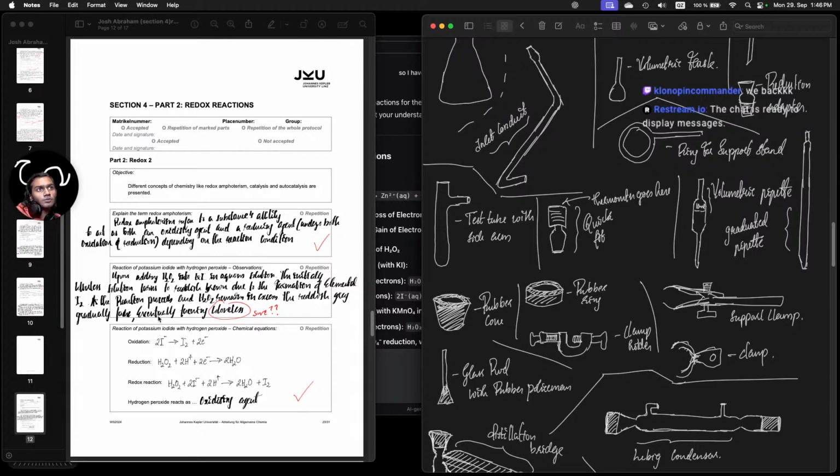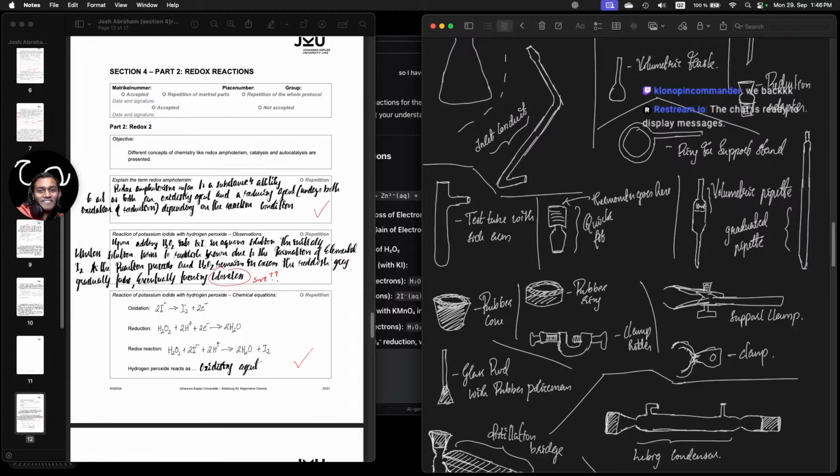As the reaction proceeds, the peroxide remains in excess, and the reddish brown gradually fades, eventually becoming colorless. H2O2 plus 2I- plus 2H+ gives 2H2O plus I2.